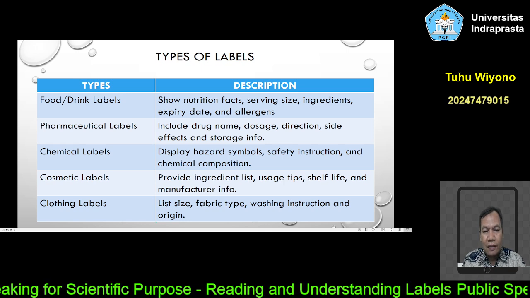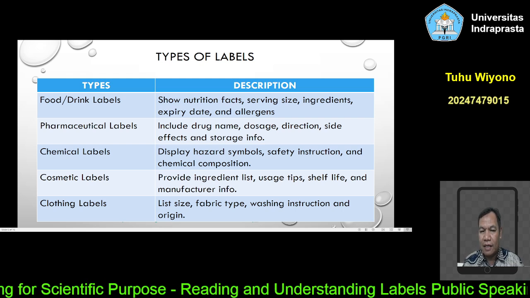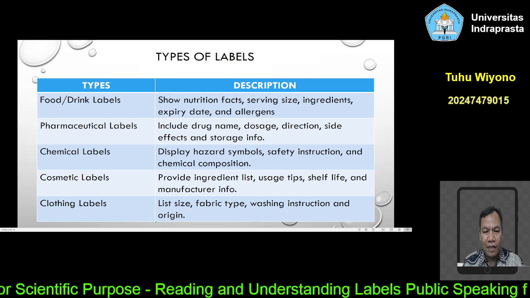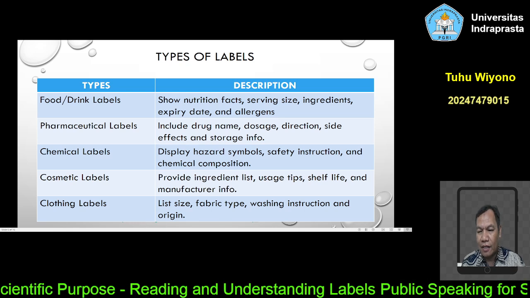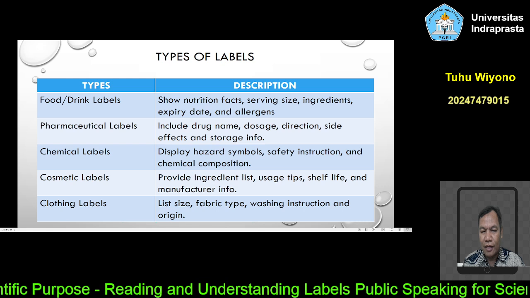Food and drink labels show nutrition facts, serving size, ingredients, expiry date, and allergens. Pharmaceutical labels include drug name, dosage direction, side effects, and storage info.